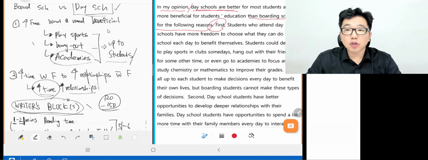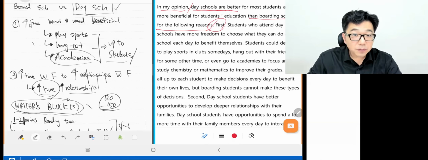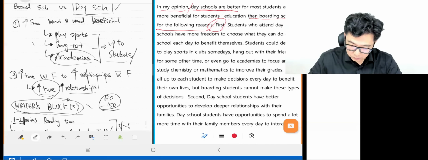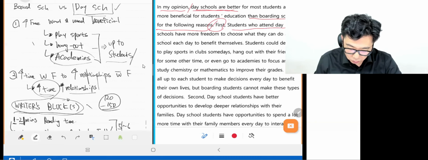First, students who attend day school have more freedom to decide what they want and need to do, and that is more beneficial. They can decide to do a variety of activities every day to benefit their life after school. So first, students who attend day school have more freedom to choose what they can do after school each day to benefit their life.